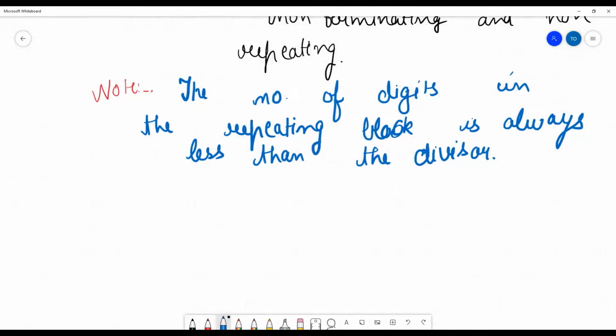For example, we have the number 1/7, and we can see that the repeating decimal here is 142857, and we have the number 7 here.